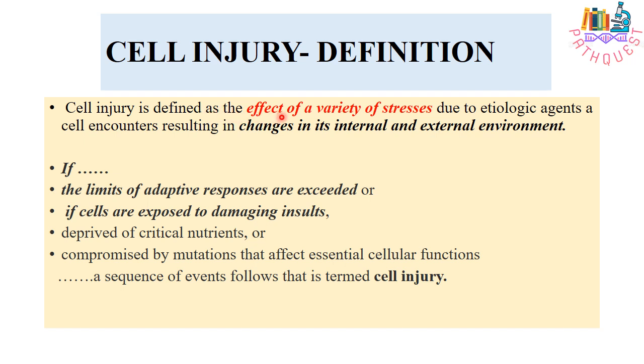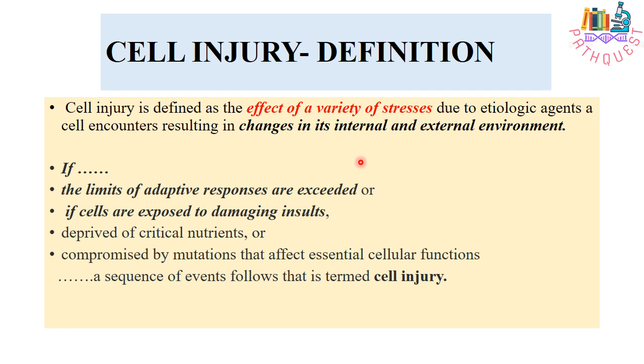These include the effects of a variety of stresses and etiologic agents resulting in changes in the internal and external environment of the cell. So, cell injury is nothing but the changes which occur in the cell because of a variety of stresses.